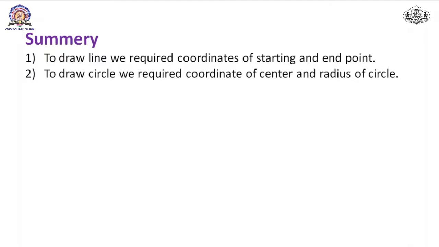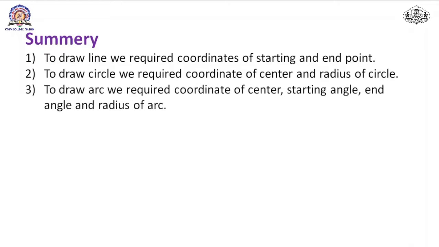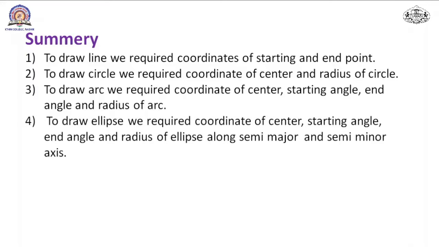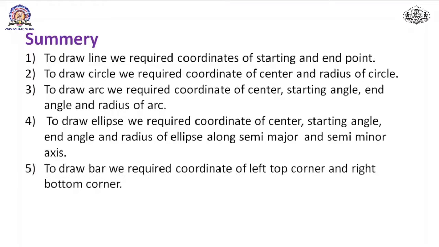Then the circle requires coordinates of a center and radius of the circle. The arc requires coordinates of a center, starting angle, end angle and radius of the arc. Then ellipse requires coordinates of a center, starting angle, end angle and radius of the ellipse along the semi major and semi minor axis.